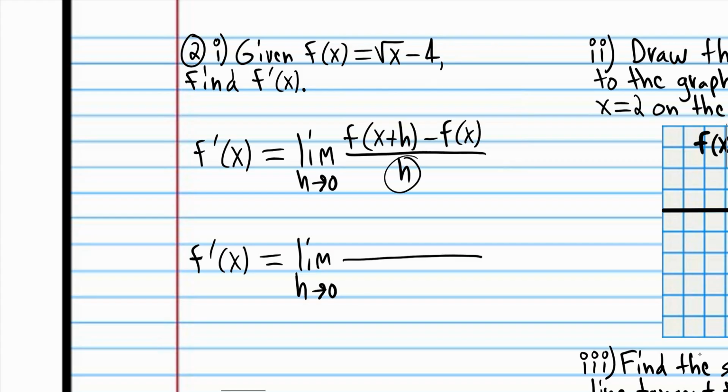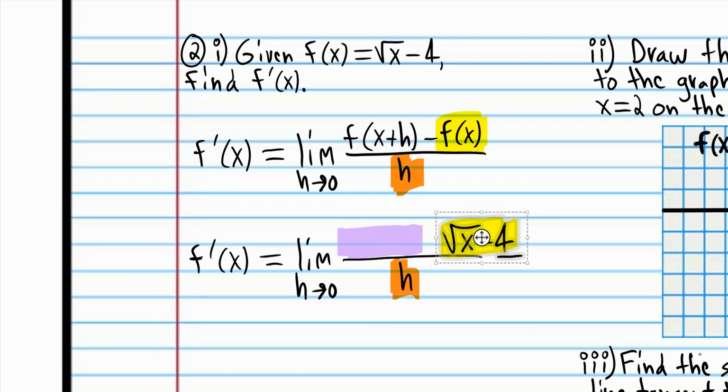Now again, the easy part is to just rewrite h. H doesn't change. And we're also going to rewrite f of x. That doesn't change. That's just root x minus 4. So those are the easy parts of this particular formula. The hard part is finding f of x plus h. That's the part that really confuses students.